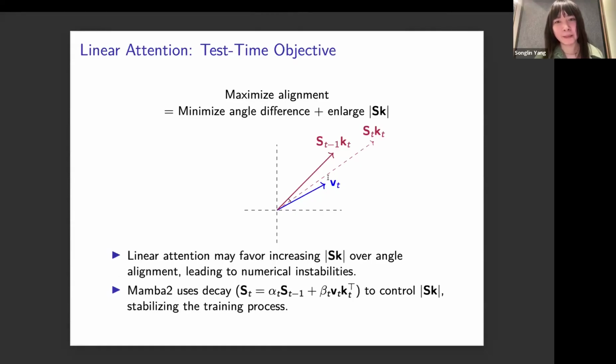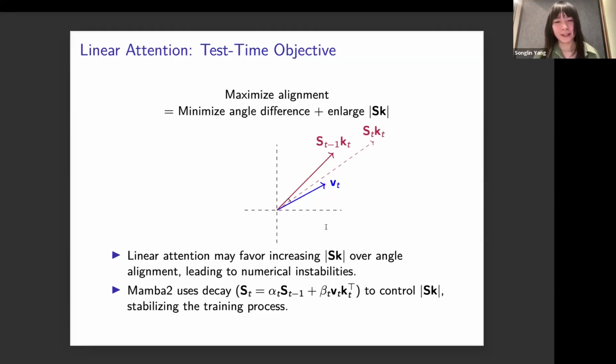Firstly, we can minimize the angle difference between the transformed key and value. The second is that the model does nothing but increase the norm of the hidden state matrix, and then their inner product could also be enlarged, right?